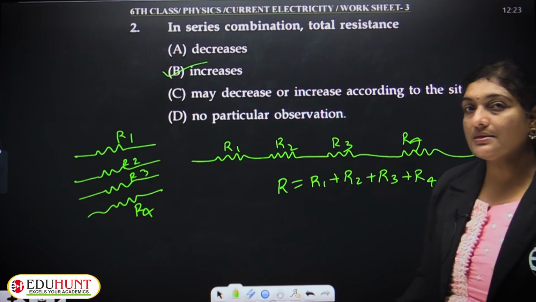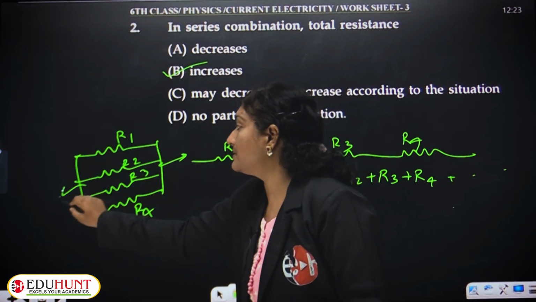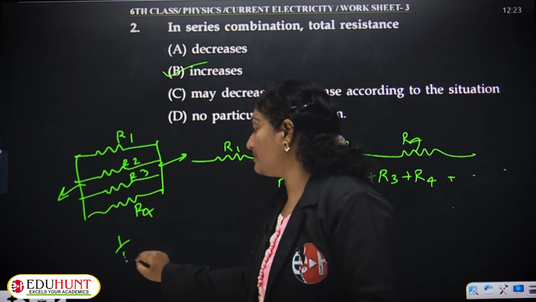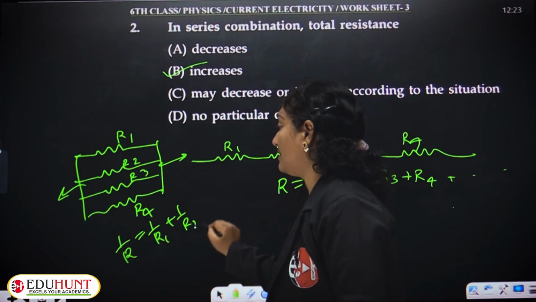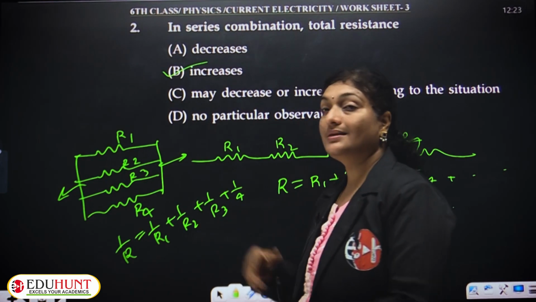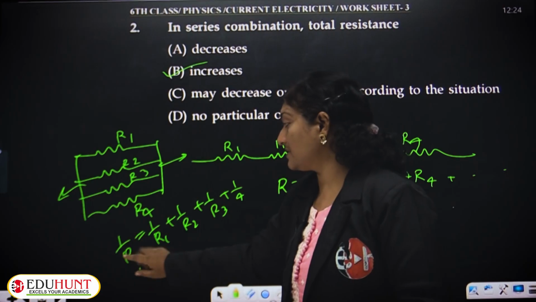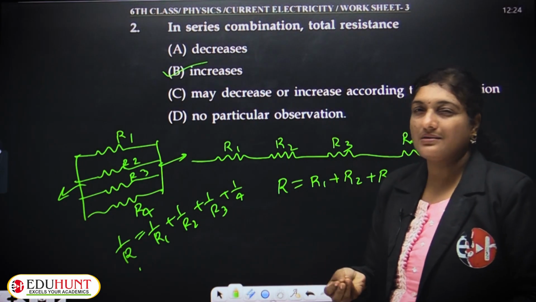But when the same resistors are connected in parallel, the resistance is reduced, because the formula for parallel combination is 1 by R1 plus 1 by R2 plus 1 by R3, and so on. Because it is a reciprocal of all the things added, you will get something in decimals.